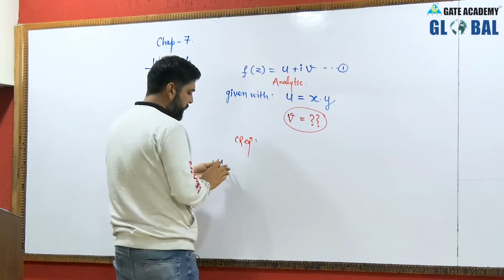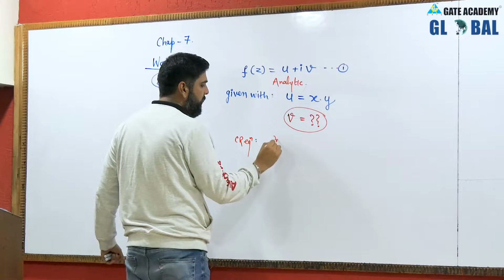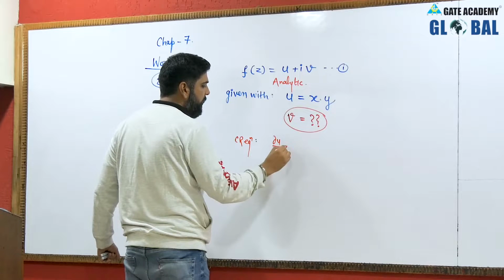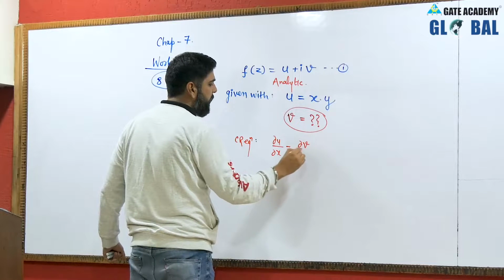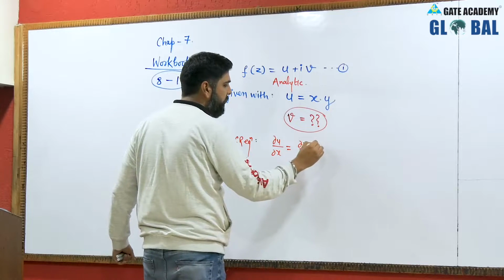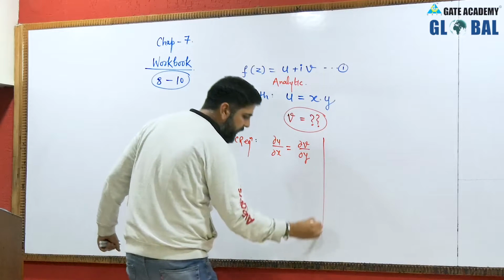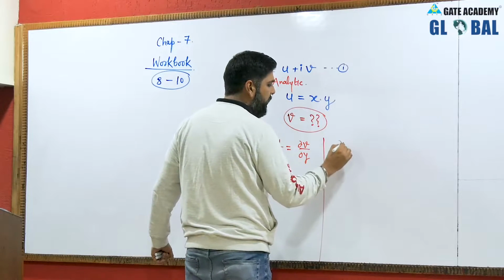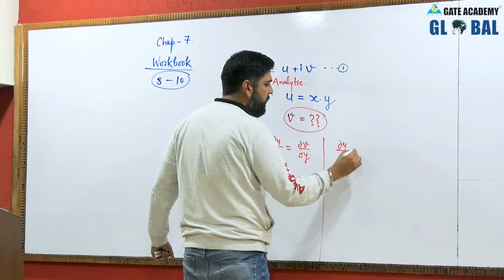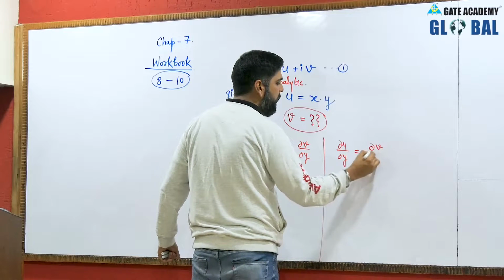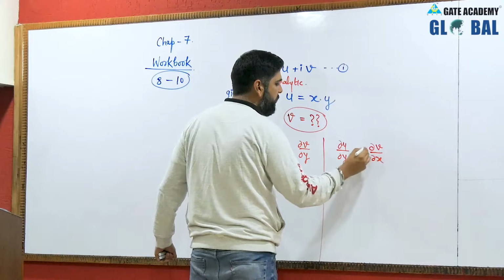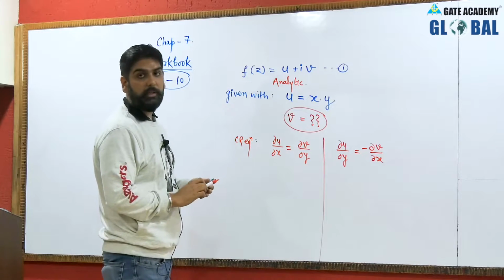So what are the CR equations? The CR equations are del u by del x equals del v by del y, as in the previous video, and also del u by del y equals minus del v by del x. Fine, these are the CR equations.